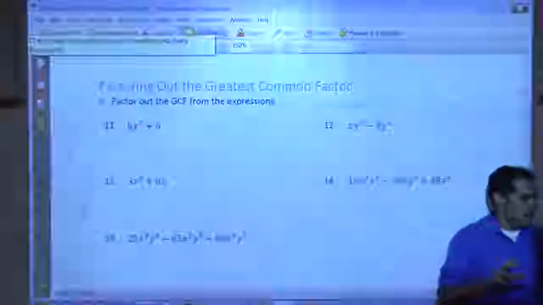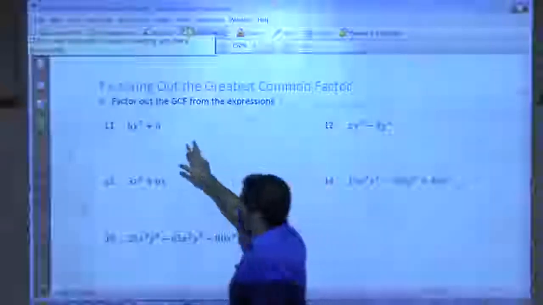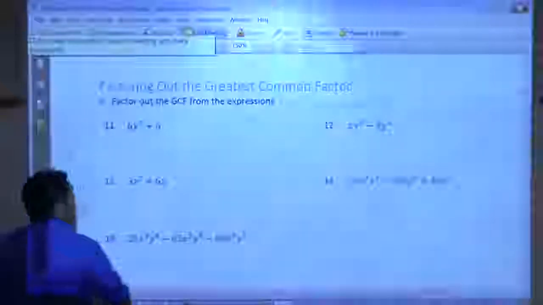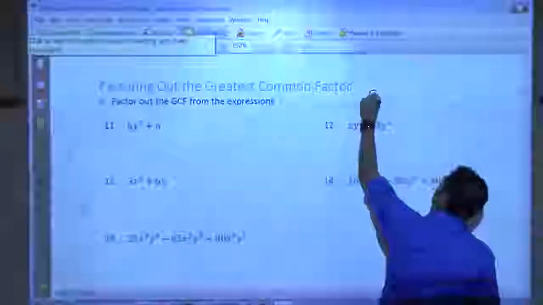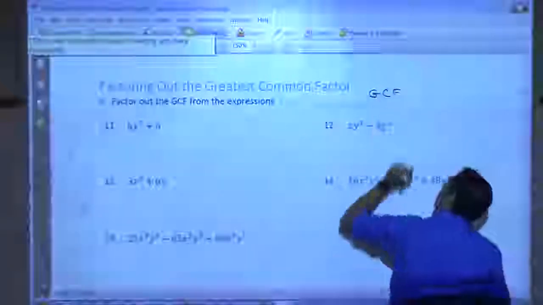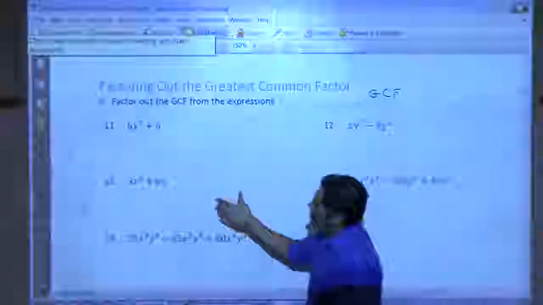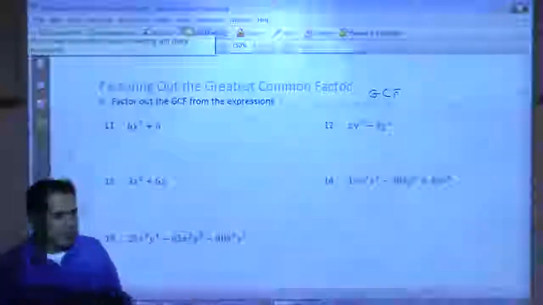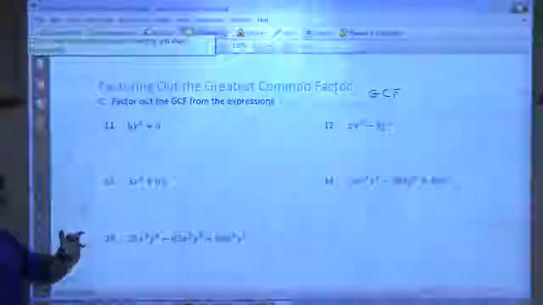That's what factoring is. So the first step is called factoring out the greatest common factor, or you'll see people refer to this as GCF. Oh, it's written right there. And so what you do is, well, can somebody tell me how you do this? Go ahead.